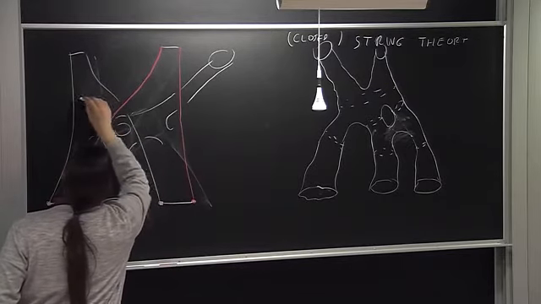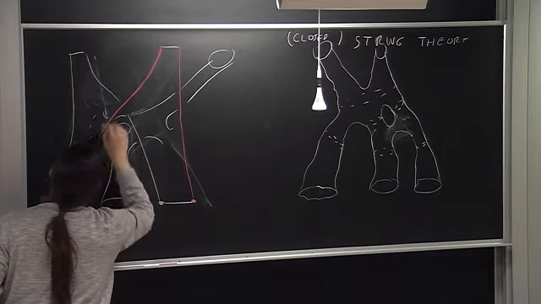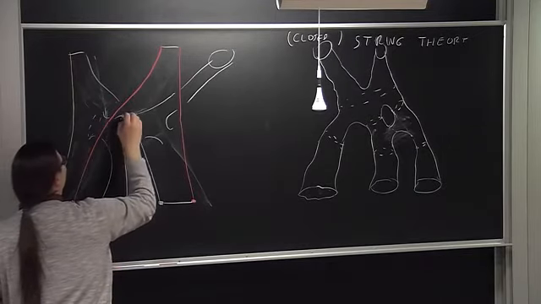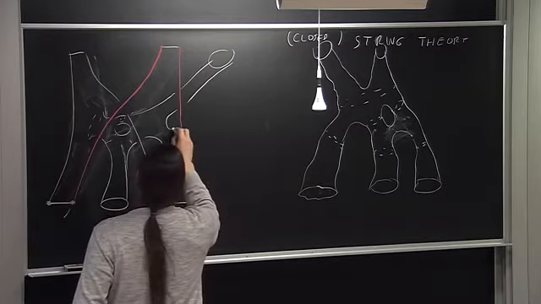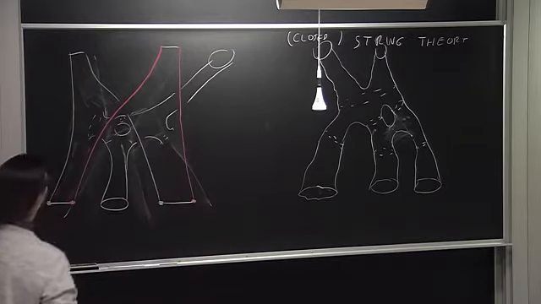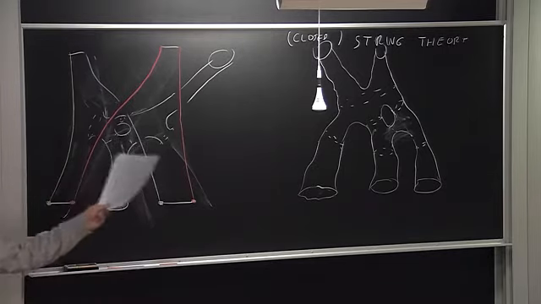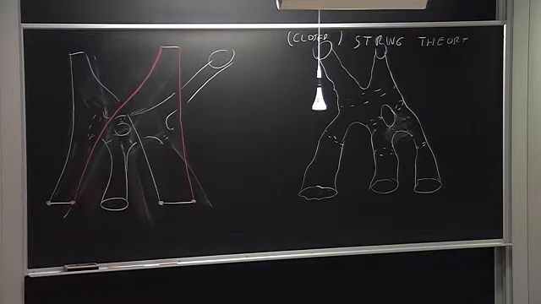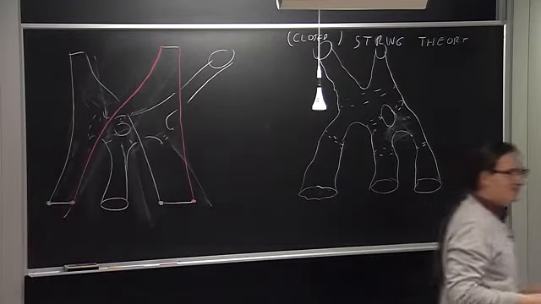And then a cylinder can be smoothly connected to a flat sheet. You can imagine drawing a surface which smoothly interpolates between these lines and these tubes coming out.